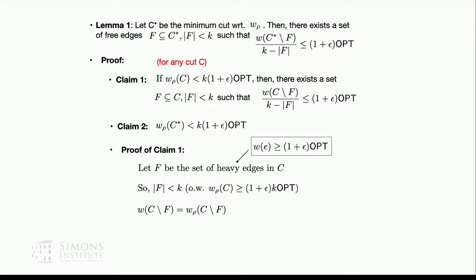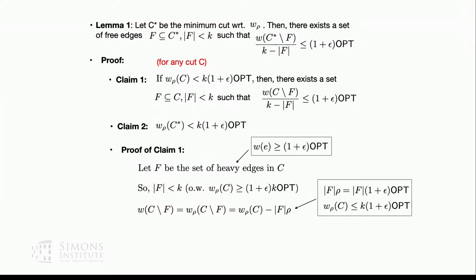And what about the weight of the cut that is not heavy? If it's not heavy, it means that when you truncate, you don't change anything. Then you can write the second form as the original weight, subtracted by the truncated weight.